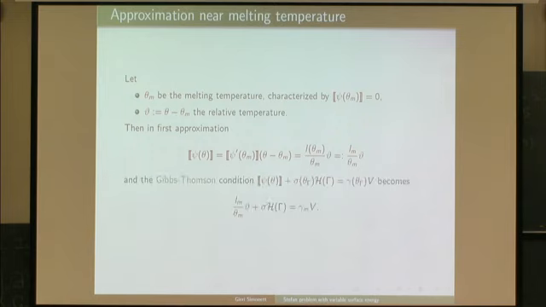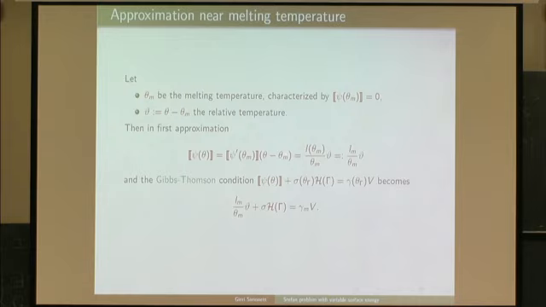It's probably instructive to just see, while going back and looking at the principle that there is a melting temperature, you can just do a first approximation. You look at relative temperature and go back to the equation and express everything by means of the relative temperature.